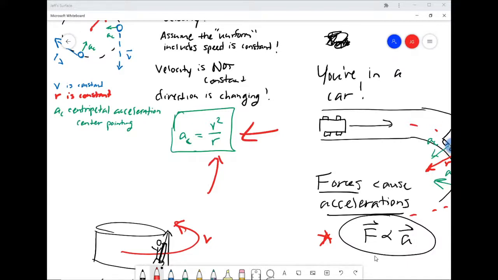The other thing is this inverse relationship to r. When people are designing highways, highway speed limits are much higher than country backroad speed limits.